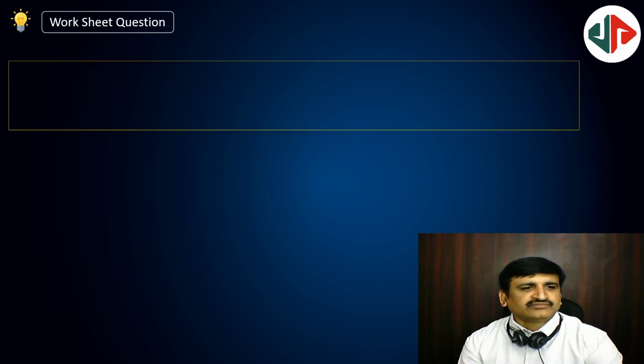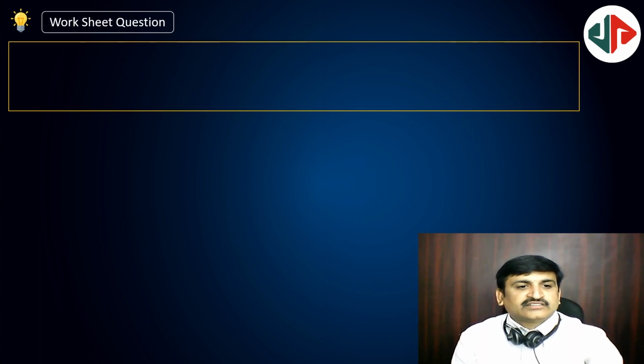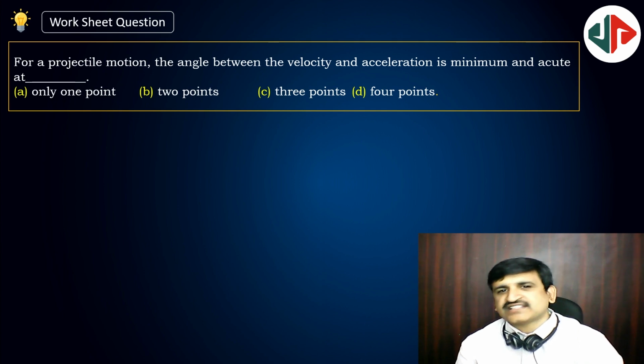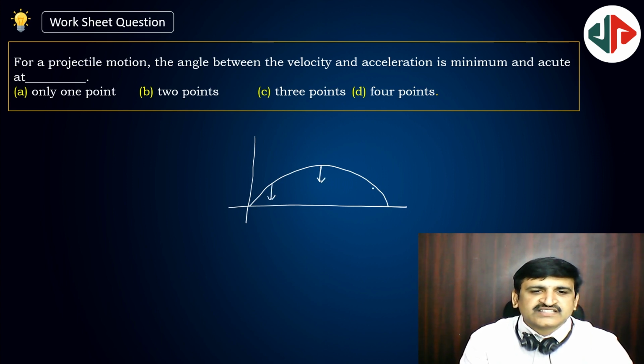Next. The question is, for a projectile motion, the angle between the velocity and acceleration is minimum and acute at which point? This is an oblique projectile. See, this is acceleration, A I can write.